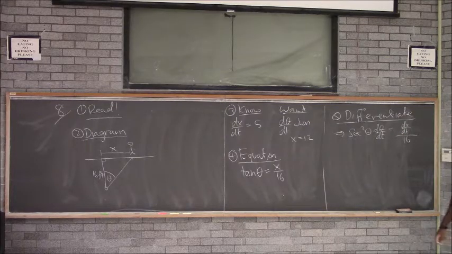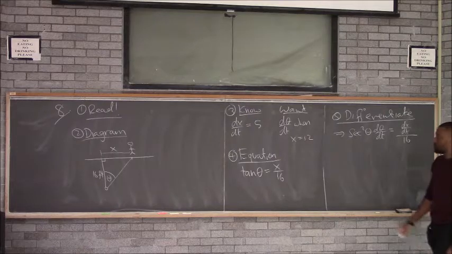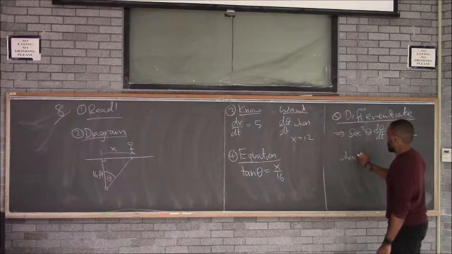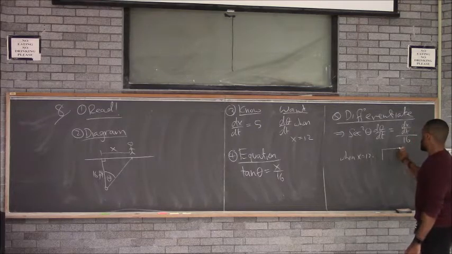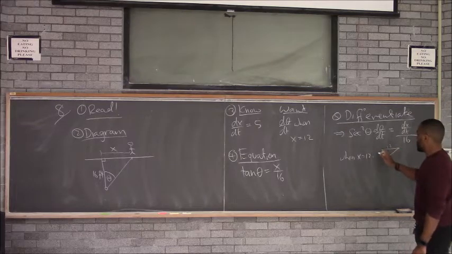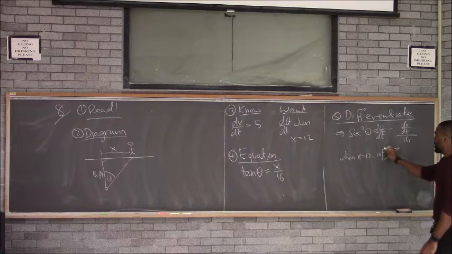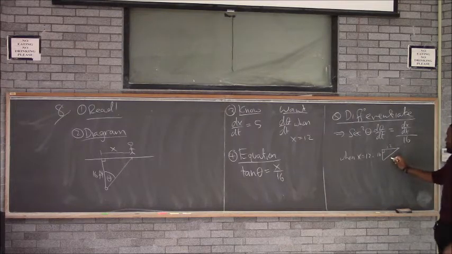And now I know that when x equals 12, the hypotenuse is 20. So basically we are going to have 12 here, 16 here, not drawn to scale obviously. This side is going to be 20.